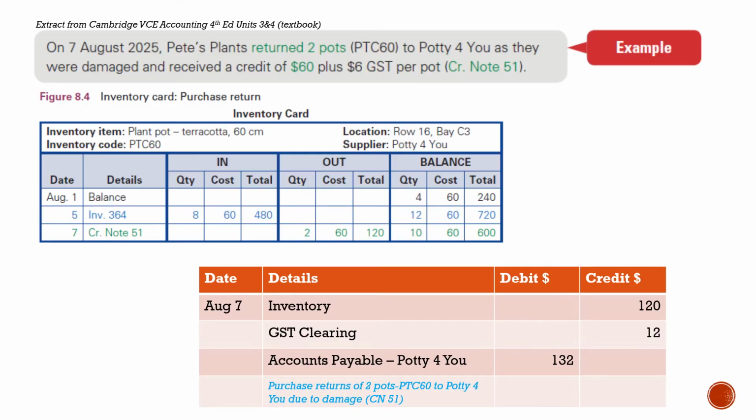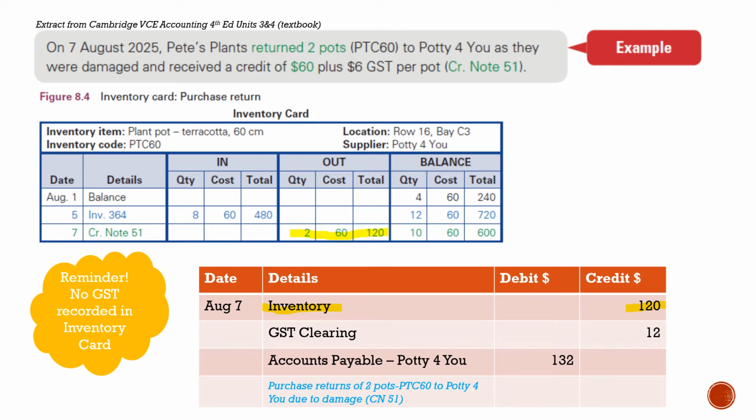Here's an example of a purchase return. In our inventory card, we can see that we have returned 2 units of inventory to the supplier. In our general journals, we record a credit of $120 to the inventory account. This reflects the decrease in inventory as a result of this purchase return. Another reminder here is that there is no GST recorded in the inventory card.